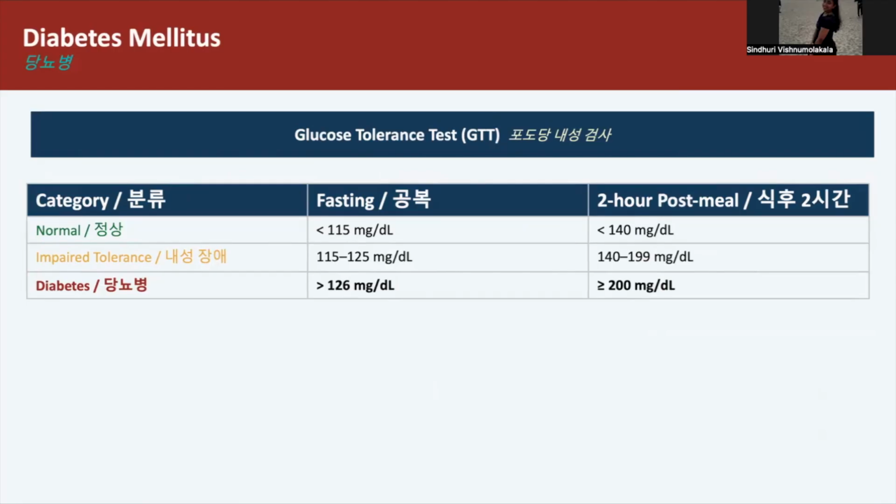In diabetes, if the fasting level is greater than 126 milligram per deciliter, or the 2-hour post meal is greater than 200 milligram per deciliter, they come under diabetes patients.